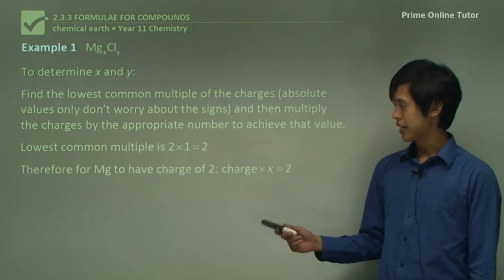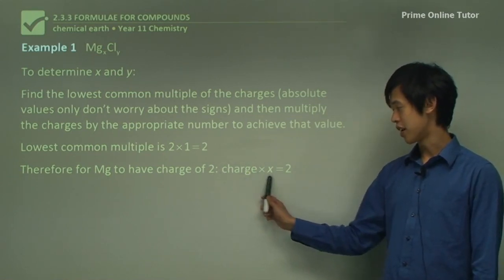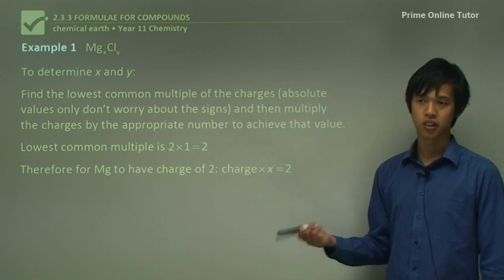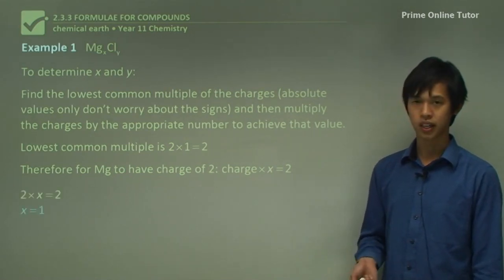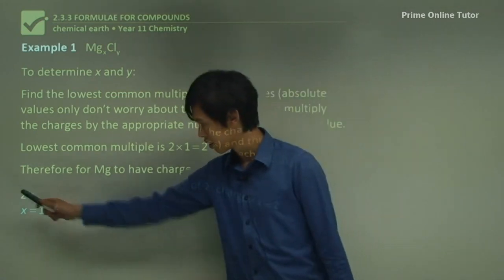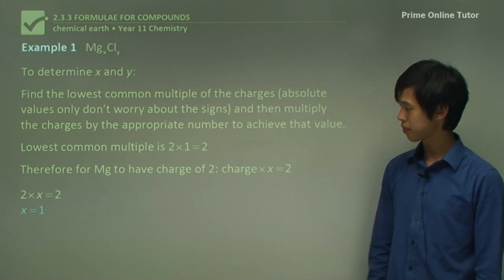So for magnesium to have a charge of 2, it's just charge times X equals 2. So obviously the charge is 2, so X equals 1. Okay? So we know the charge is 2, and X has to be 1 in order for that to equal 2. Okay?